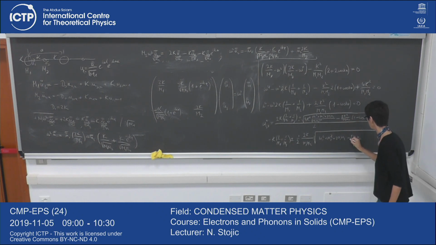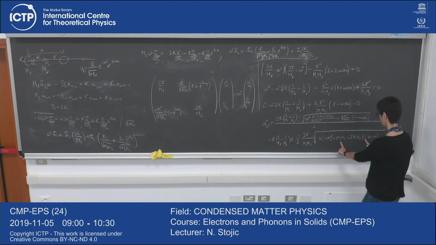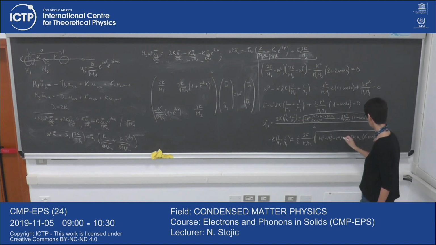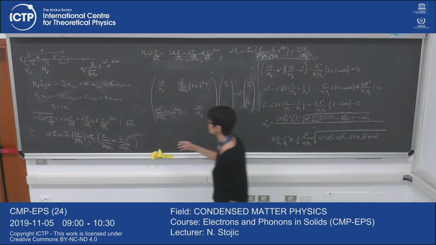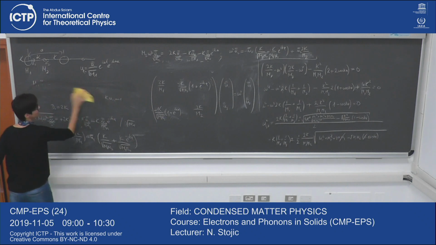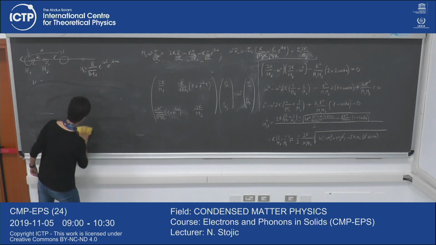Twice. 2 is left, no? Is it correct? Yeah. So this and this cancel. It's supposed to be very, very fast if I don't go through all the steps, but then I make a mistake.